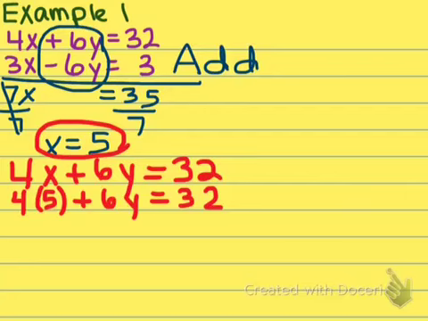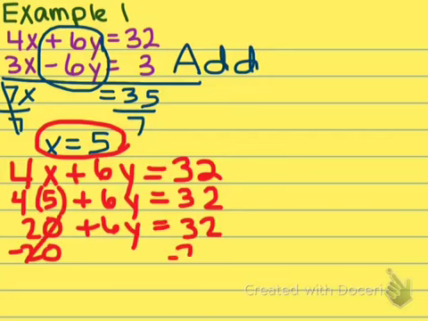Now I will use order of operations and my solving equation skills to find y. So 4 times 5 is 20. I have to subtract 20 from both sides to get 6y equals 12.